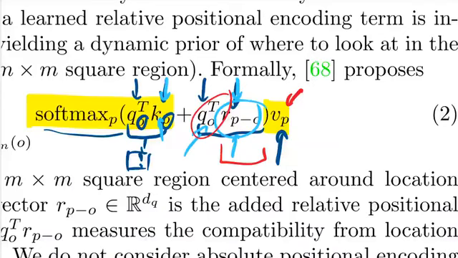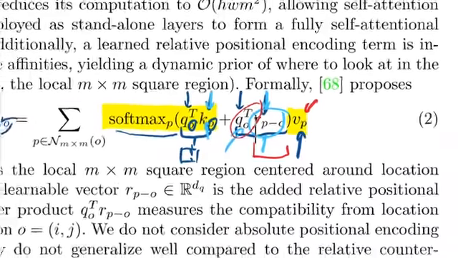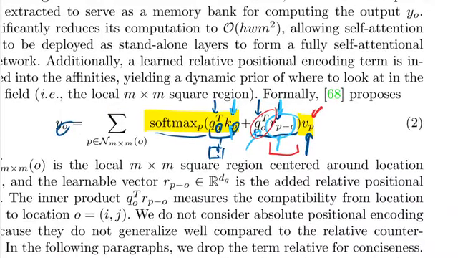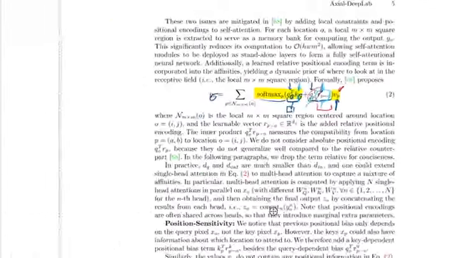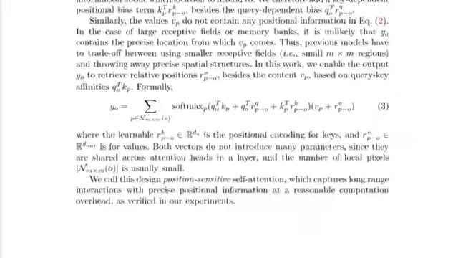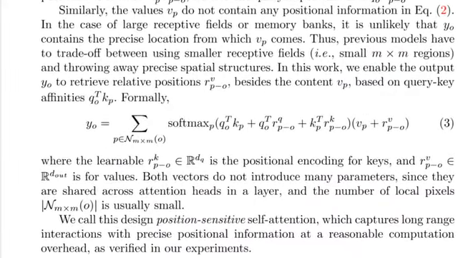You learn static position embeddings that you then can attend to with your queries. All right, so these are the position embeddings, and they make use of those position embeddings. In fact, they attend them to the following.